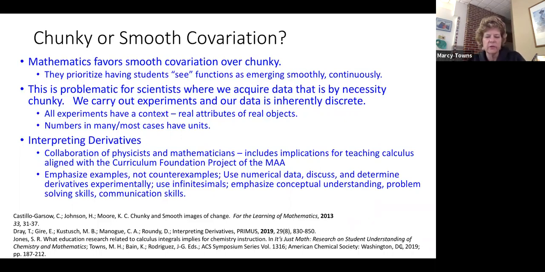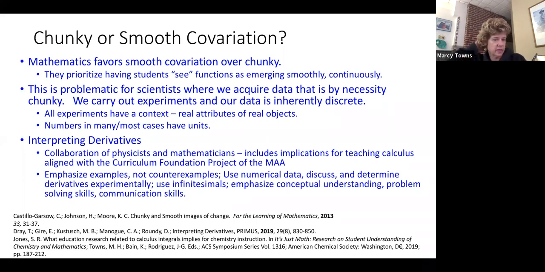So the Dray and Manogue group, one of the things that they have done that's really important is they probably had 10 years of discussions between physicists and mathematicians. And through their discussions and many papers at the RUME meeting, they finally published this paper about interpreting derivatives. And one of the things they did that was really important is that at the end, they came up with some ideas about teaching calculus that might be helpful to students who are then taking science classes.